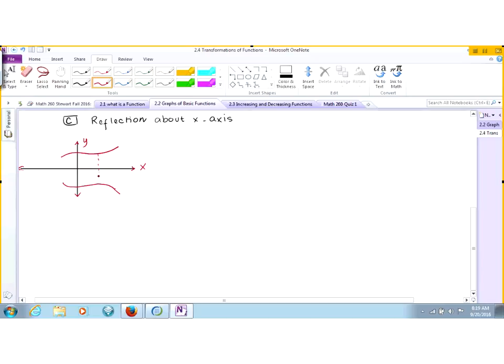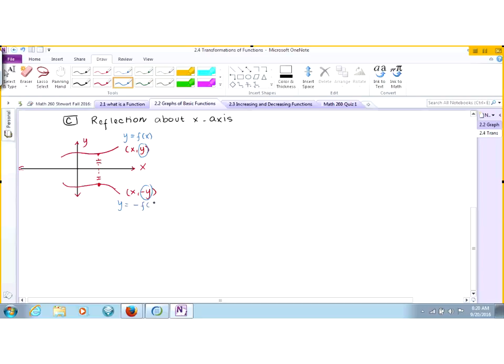But if you reflect about the x-axis, what is affected is the y. So if this is x comma y, what is this coordinate here? Yes. So you see that the y changes. So this part becomes negative 4. Okay? So that's the reflection. This is y equals f of x.